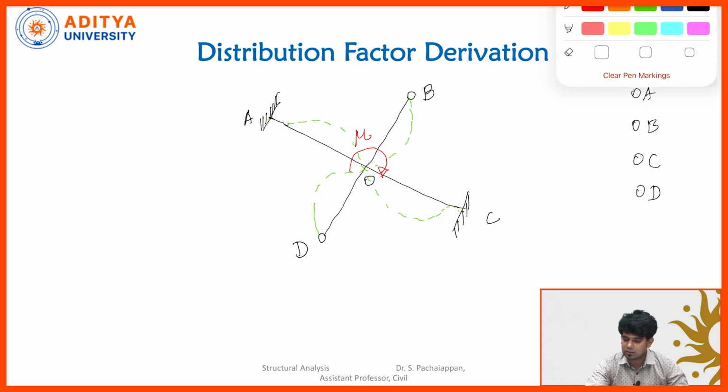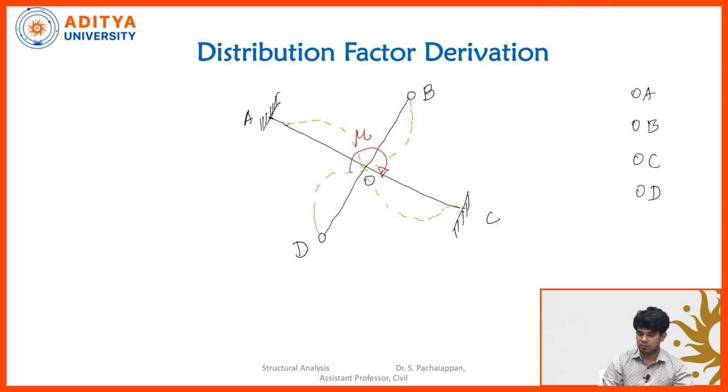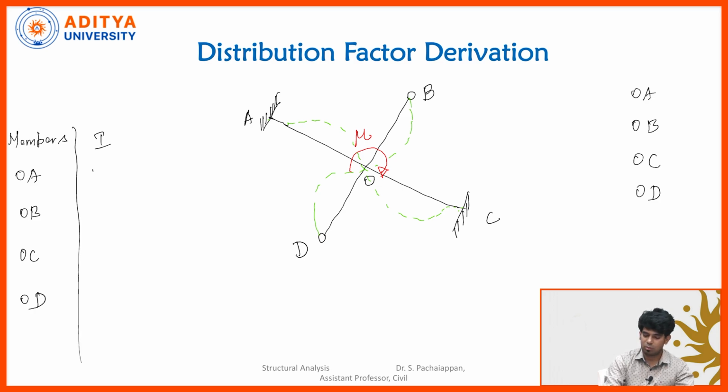Now what are the various properties of these members? Let's write it here. Members: we have the member OA, OB, OC and OD. What are the moments of inertia for these members? The moment of inertia for member OA is I1, OB I2, OC I3, OD I4.